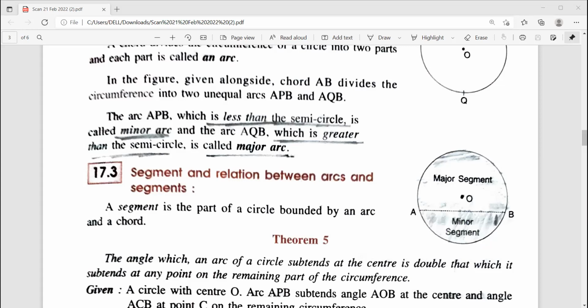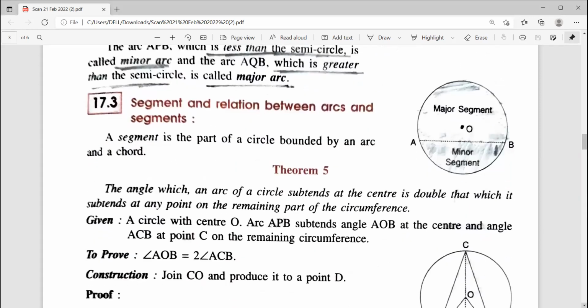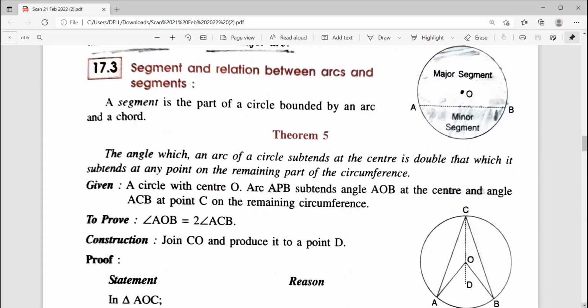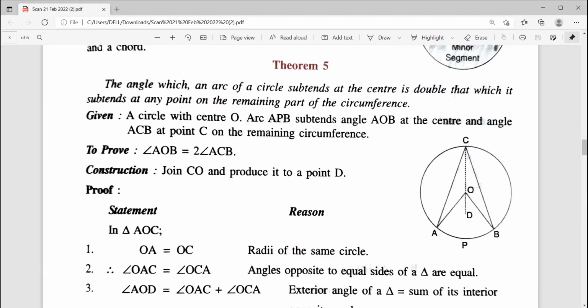Then the next thing we did was the relation between the arc and the segment, and for that, we had done theorems. The first theorem that I took in the last lecture was that the angle subtended by an arc at the center will be double the angle subtended by the arc in the remaining part of the circle.